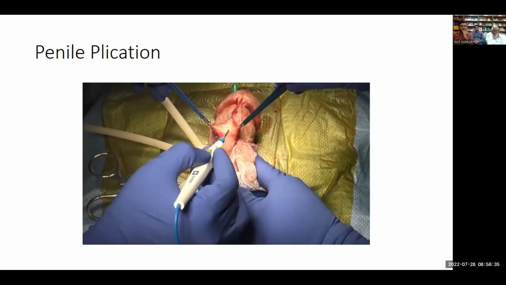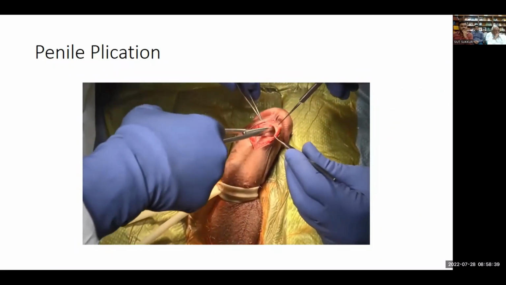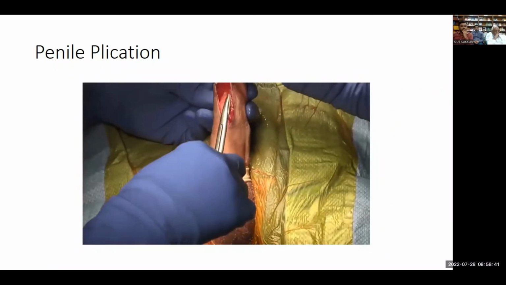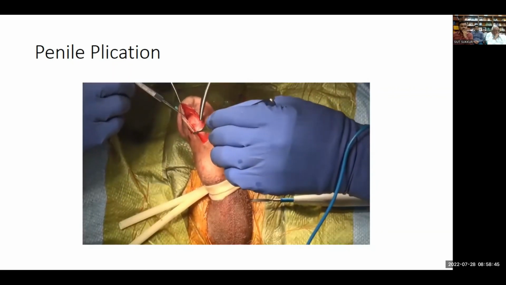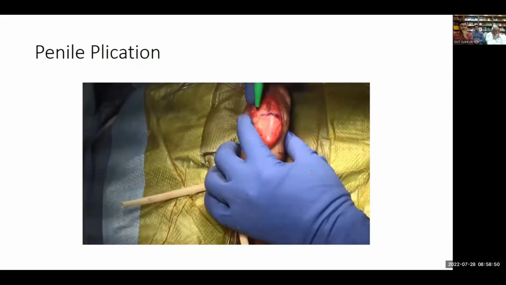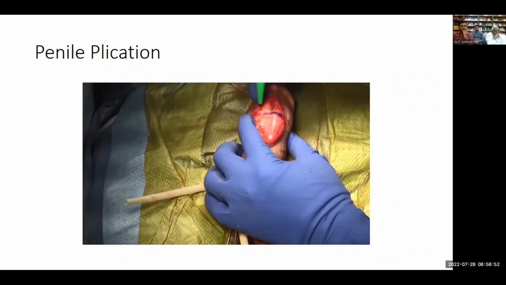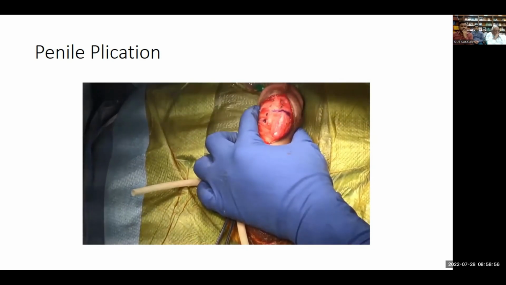I make my incision right in that central midline, and then I dissect the Buck's fascia and dartos, and dissect underlying from that. After this, I go ahead and mark the point of maximal curvature along with the point of plication. This is a modification of Gholami's 16 dot plication technique.